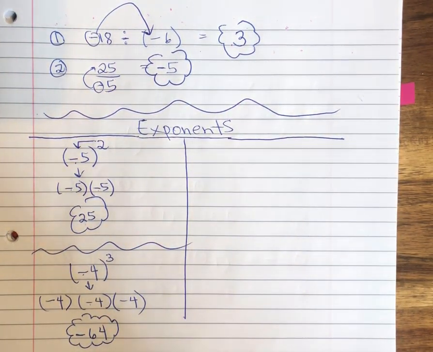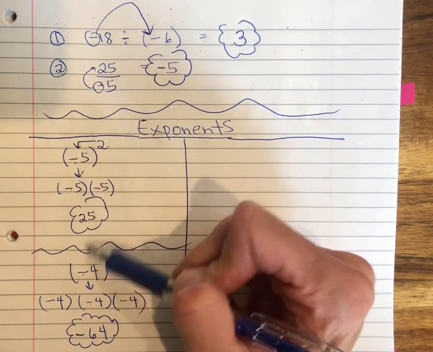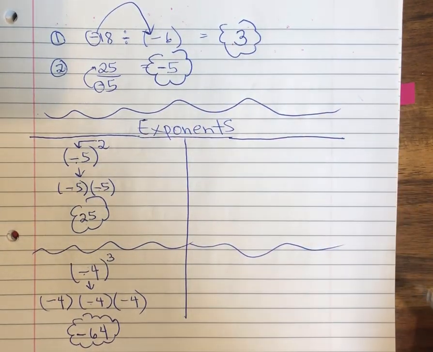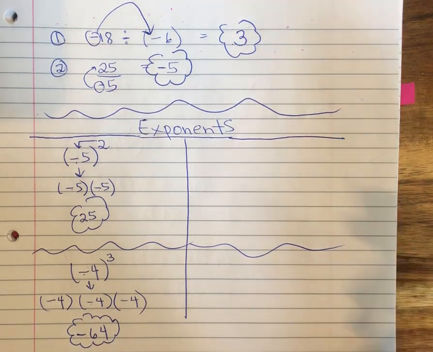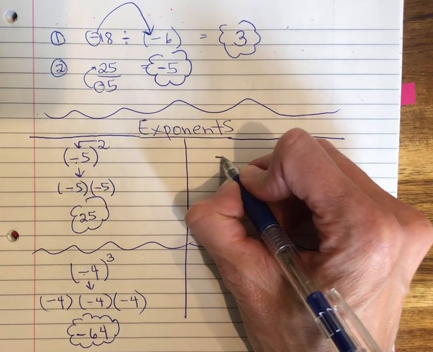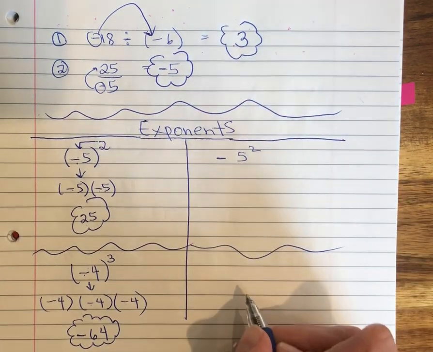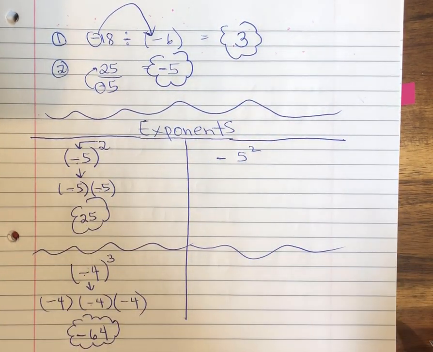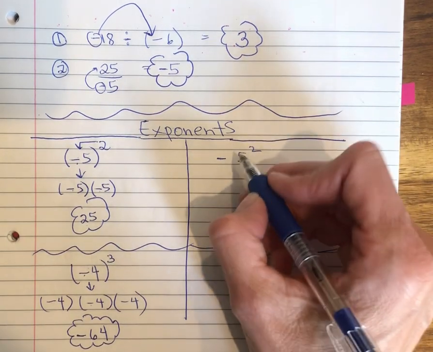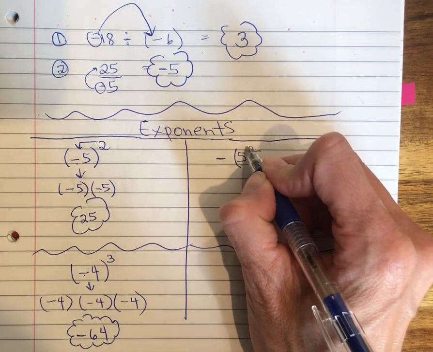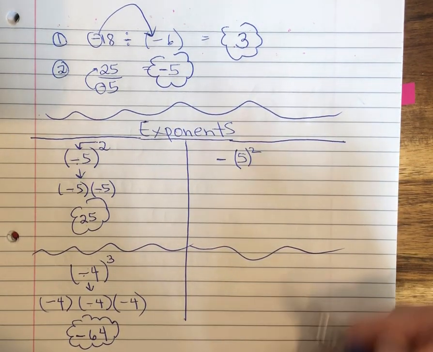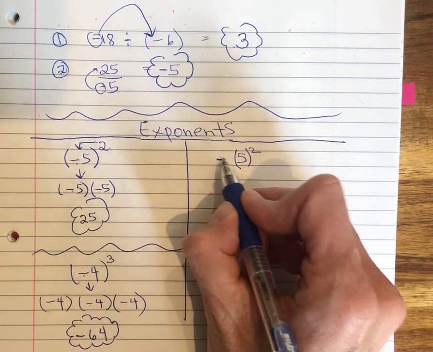Okay, now, again, these negative symbols were inside the parentheses. That won't always be the case. We could have something that looks like this. Notice that negative 5 is not in the parentheses. This is telling us that it is only the 5 that is squared, and that we want to take the opposite of that.